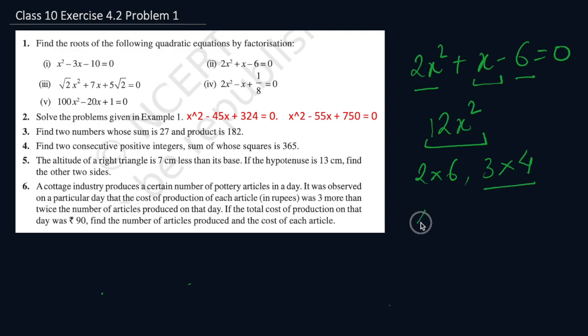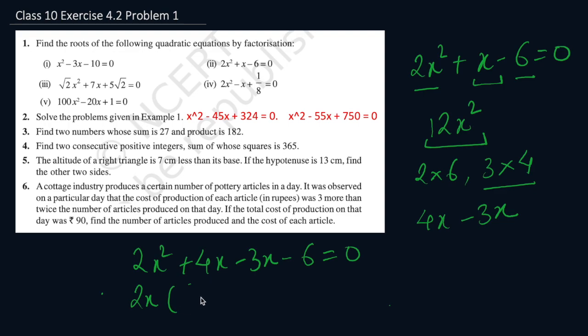So what we can do is that we can do 4x minus 3x. So this will give us the value x. So we write here as 2x square plus 4x minus 3x minus 6 equals to 0. We take 2x common from this, so we are left with x plus 2, and we take minus 3 from this, so we are left with x plus 2 equals to 0.